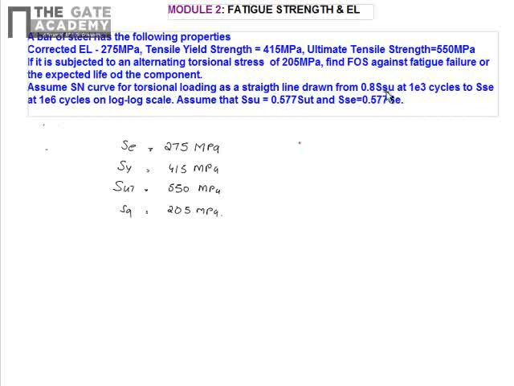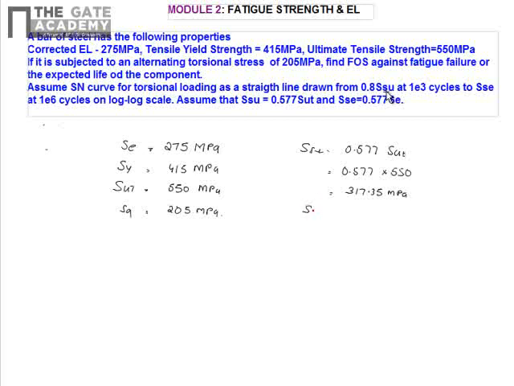times SSU. So what is SSU? That is given as 0.577 times SUT, that is nothing but 0.577 times 550. That is nothing but 317.35 megapascal.